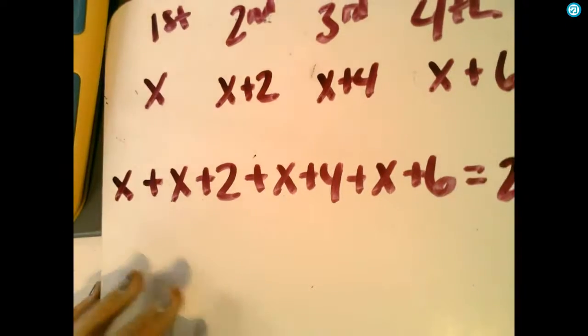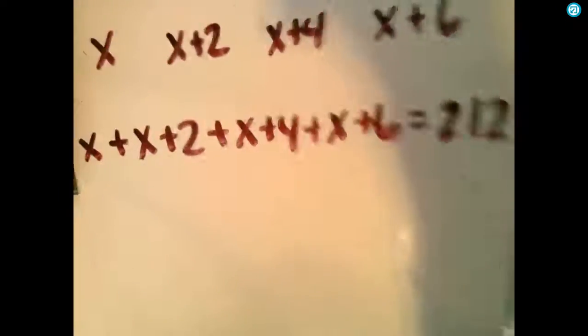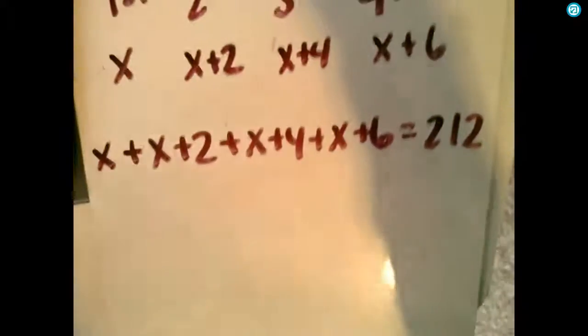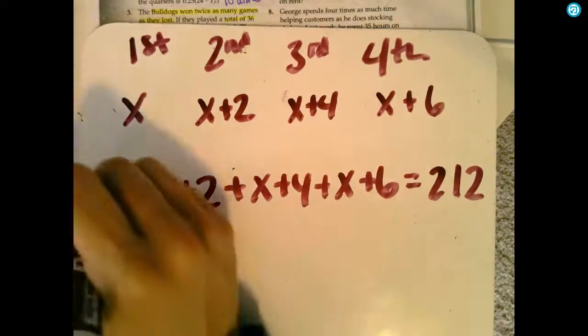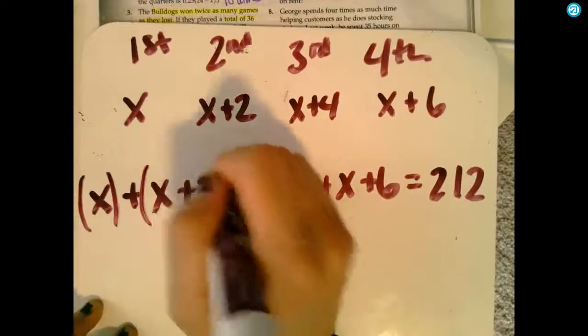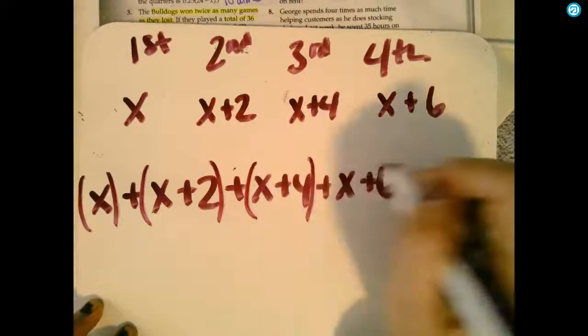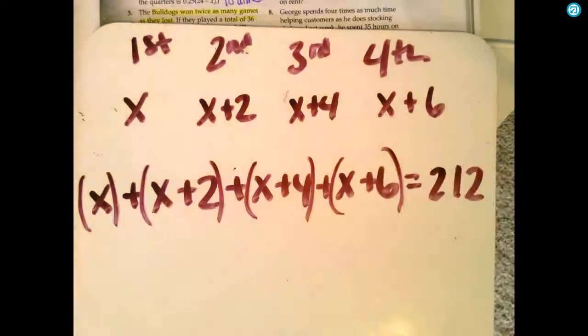Because they said the sum, meaning the total all together, is 212. So this is the first number, this is the second number, this is the third number, this is the fourth number. Add them all together, we get 212.